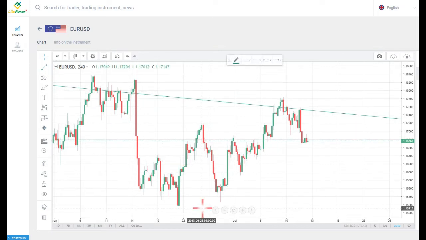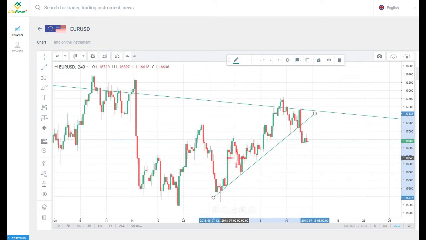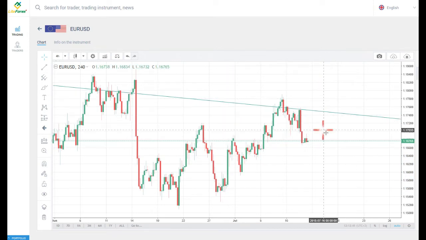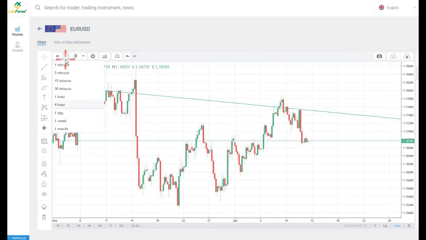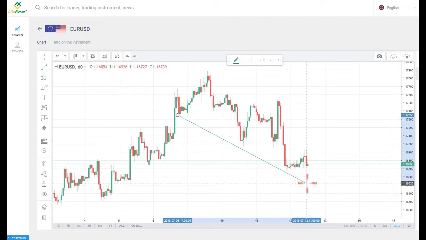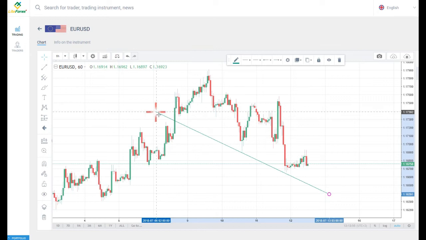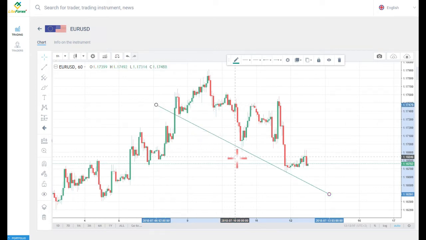We also see a breakout from this trend line here. If you look at the climb here, higher lows, and then the breakout. So how do we trade this? So once again, we're going to find some patterns. We can do that on the hourly charts. It might be difficult to see, but if you look carefully, we can identify this low, lower low here, and this lower low here.